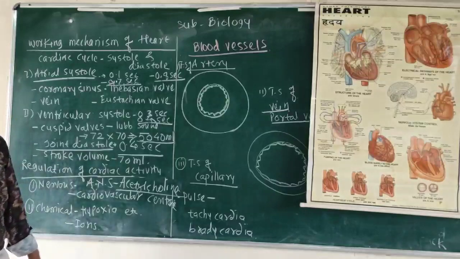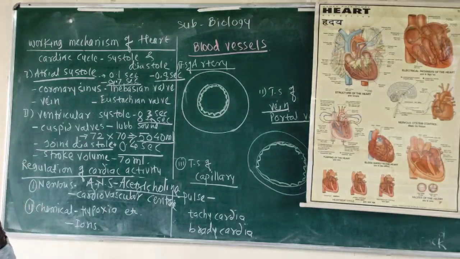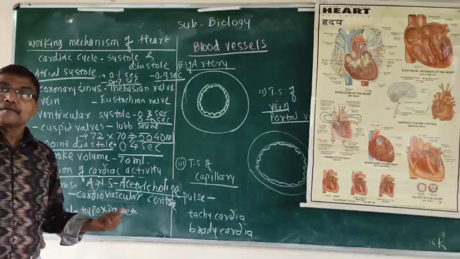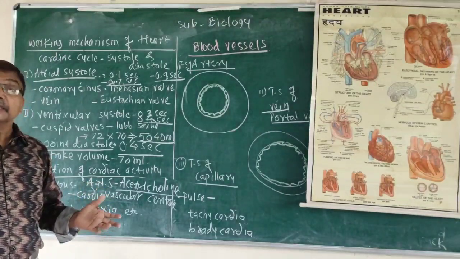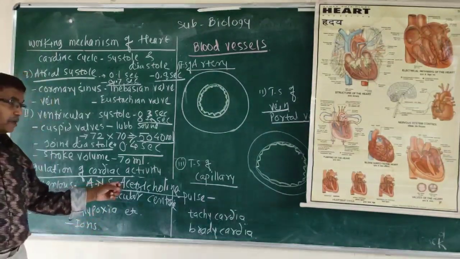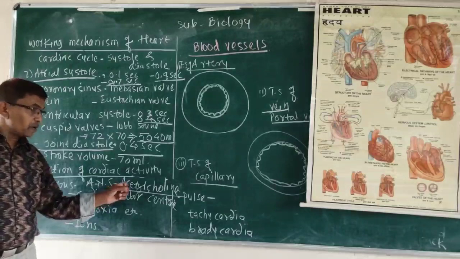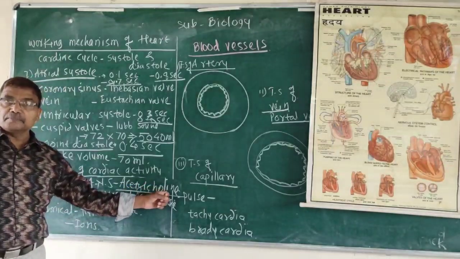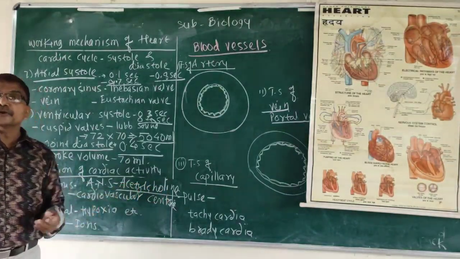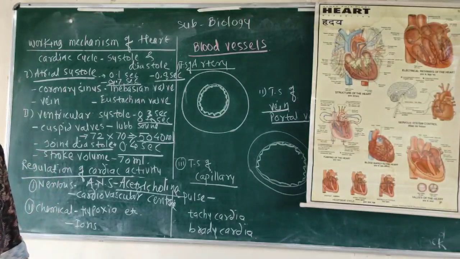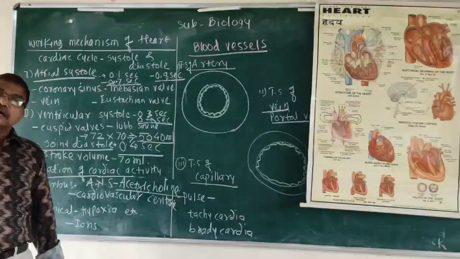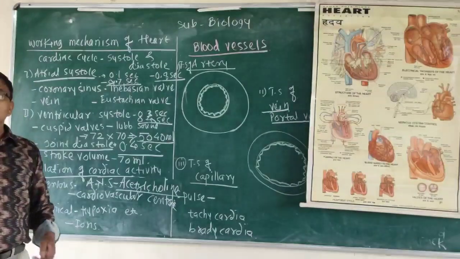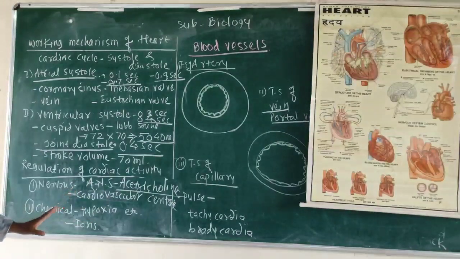We have to remember this neurotransmitter. The sympathetic nervous system works by secreting epinephrine, while the parasympathetic works by secreting acetylcholine. So both are important. Acetylcholine reduces the beating of the heart when the person is in a relaxed or resting stage.